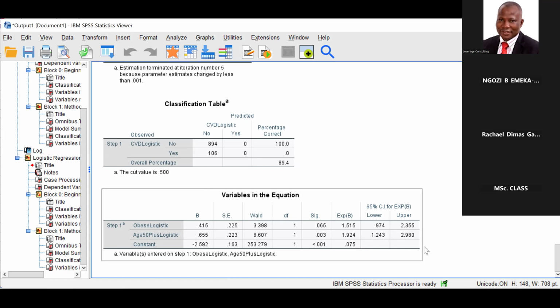The age is significant here. Those who are 50 and above are more likely to be obese, 1.96. So maybe age was confounding for obesity as a factor for cardiovascular disease. So when we run it together, age is significant, and obesity is no more significant.